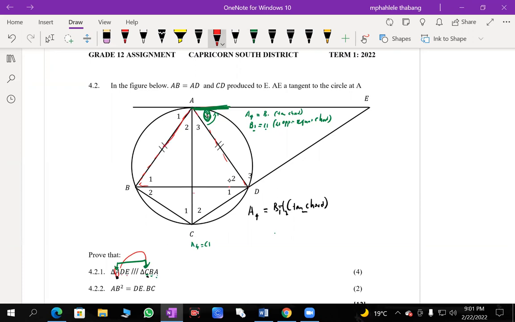Which angle is opposite to C1? Which angle is opposite to side AB? You are not forced to remain in a triangle. Which angle is opposite to side AB?